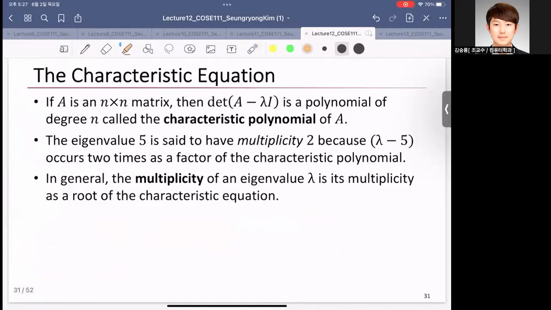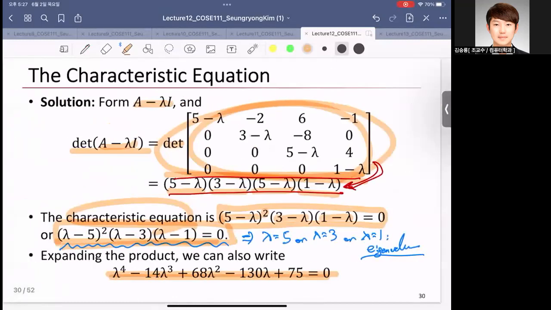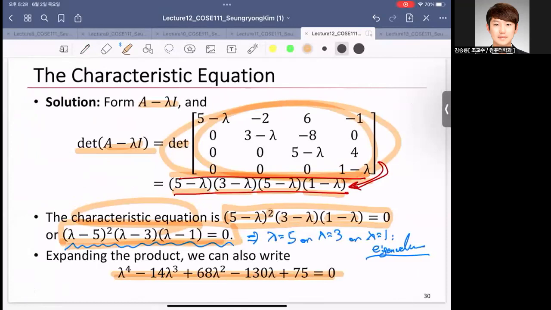In other words, if A is an n by n matrix, then the determinant of A minus lambda I is a polynomial of degree n, called the characteristic polynomial of the matrix A. In this case, because A was a 4 by 4 matrix, the characteristic polynomial was of degree 4. 그렇죠?